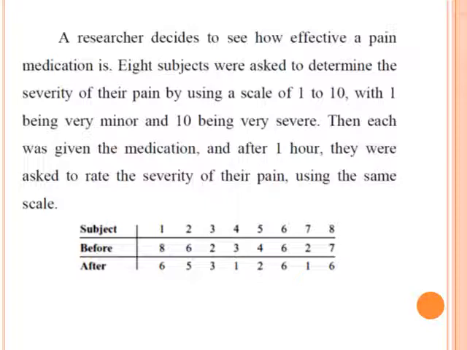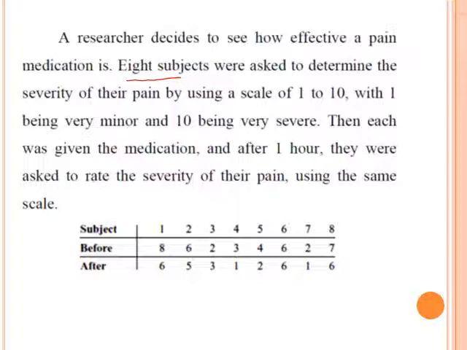To practice more on this non-parametric test: a researcher decides to see how effective a pain medication is. Eight subjects were asked to determine the severity of their pain on a scale from 1 to 10, with 1 being very minor and 10 being very severe.